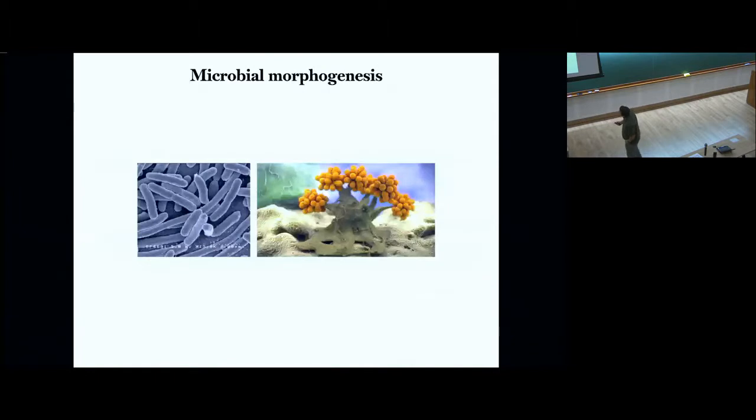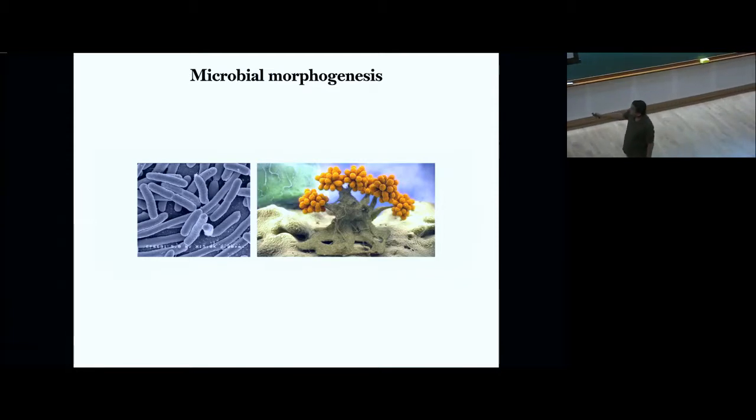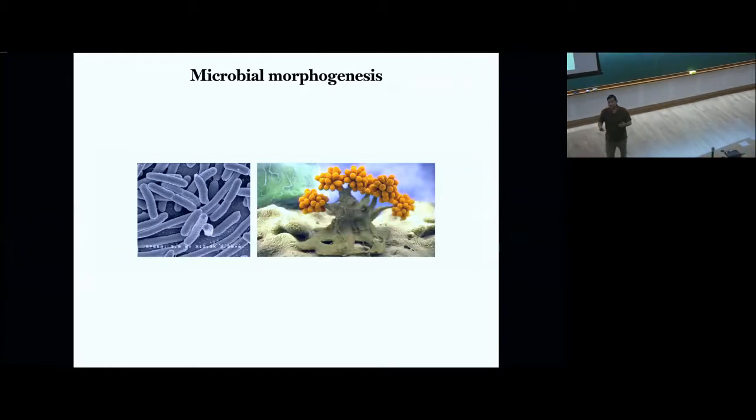So the story that I'm going to be telling you about today concerns microbial morphogenesis, and the microbe that I'm going to be telling you about is this Myxococcus xanthus, and it forms fruiting bodies which look quite exotic. So this is a rod-shaped bacterium which, when stressed, and by stress we mean starvation, typically, then all of these go and do something like this.